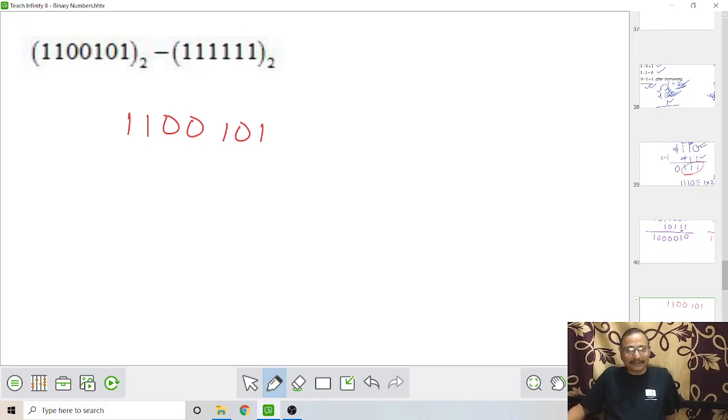I am writing here 1 1 1 1 1 3 3 6 digits, so here 1, and we want to subtract.